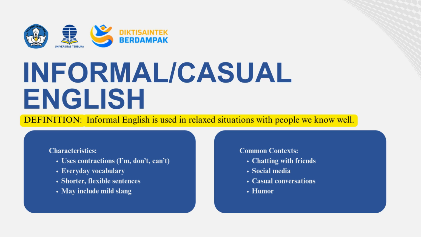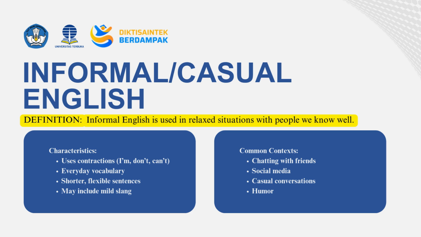First, it often uses contractions like I'm, don't, and can't. Or maybe sometimes we are using words like wanna. Second, the vocabulary is more everyday use and conversational. Third, the sentences are usually shorter and more flexible.